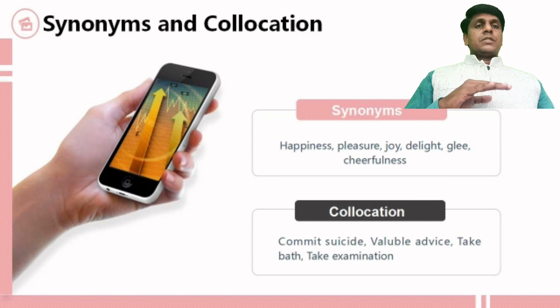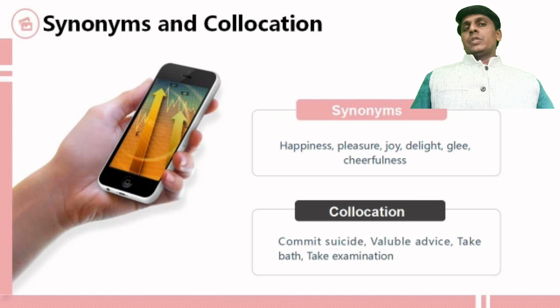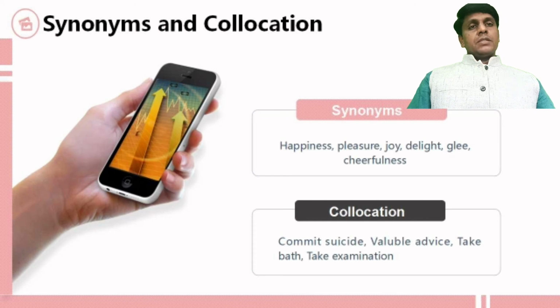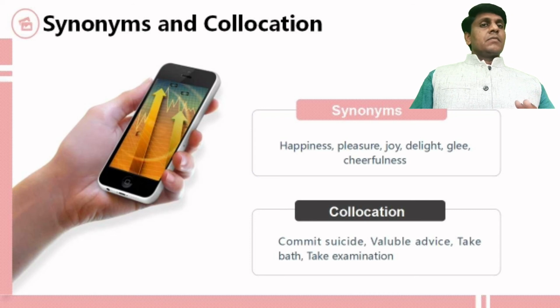And if I study the English language, I must know collocation of the English language. Take an example, commit suicide. Maybe sometimes as a part of translation we say do suicide. We can understand, but the correct combination when we think about collocation is commit suicide, commit mistake, valuable advice, not great advice.